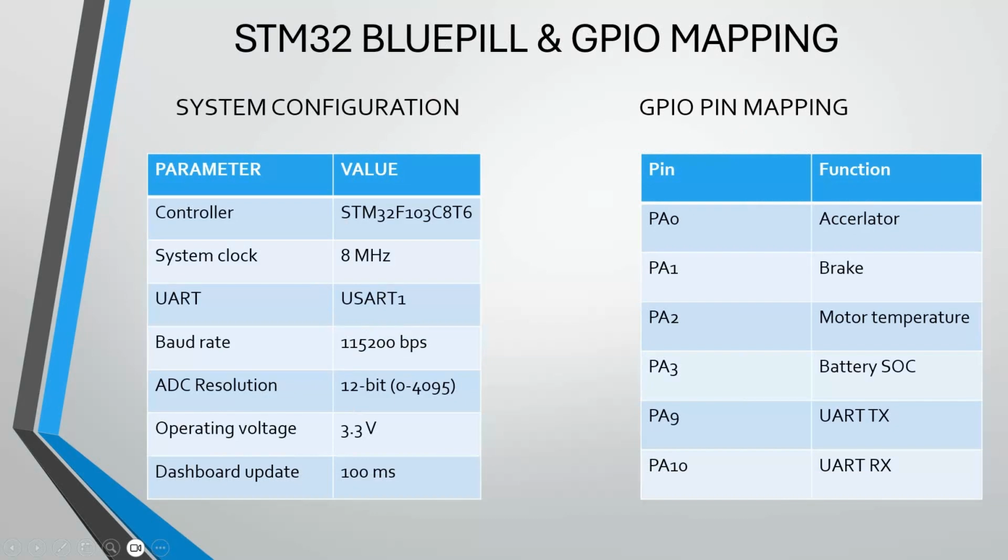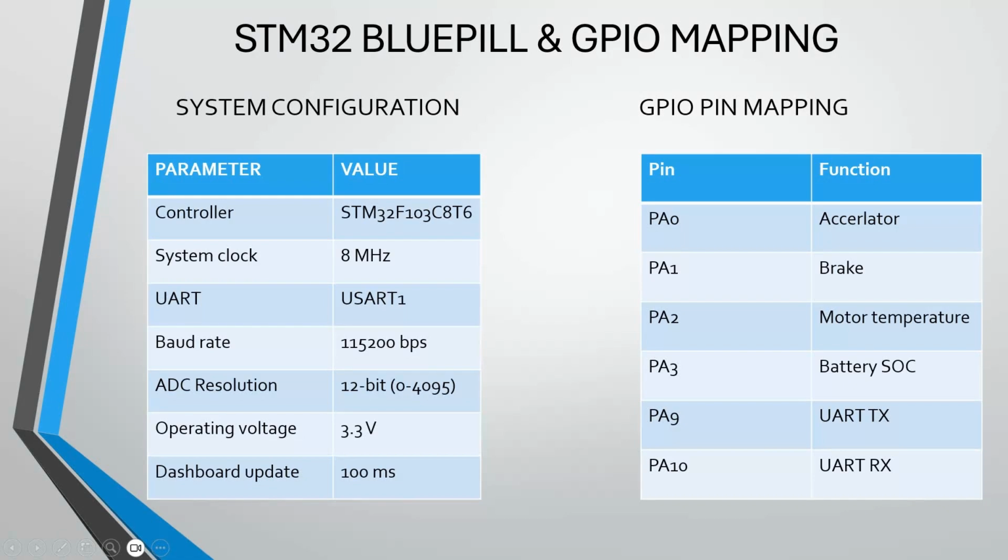The controller is STM32F103C8, the system clock frequency was 8 megahertz, the baud rate was 115200 bits per second, and the operating voltage was 3.3 volts. Dashboard updates were every 100 milliseconds.